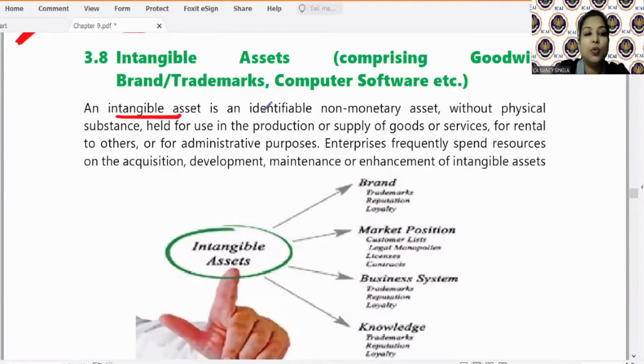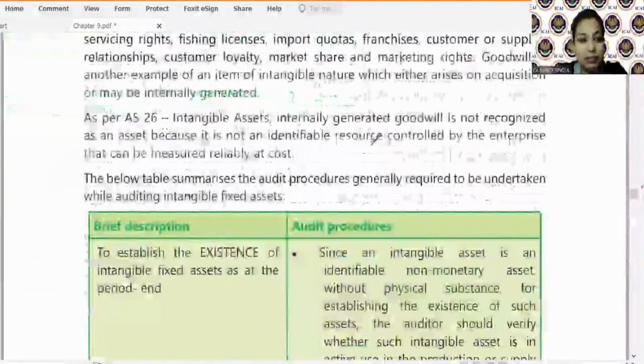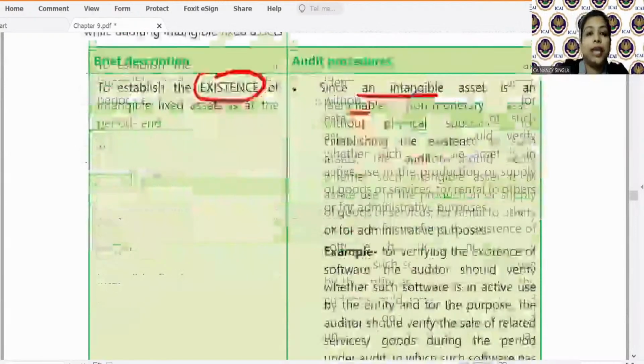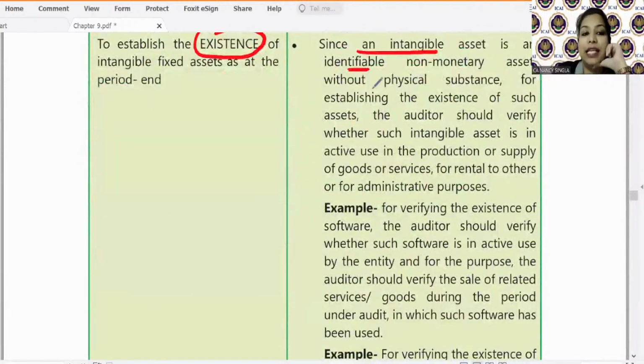So intangible asset is what? An identifiable non-monetary asset without physical substance, either held for use in production or supply of goods or services, for rental to others, or for administrative purposes. The various examples are given here. Now with respect to existence, the auditor should verify whether such intangible asset is in active use.